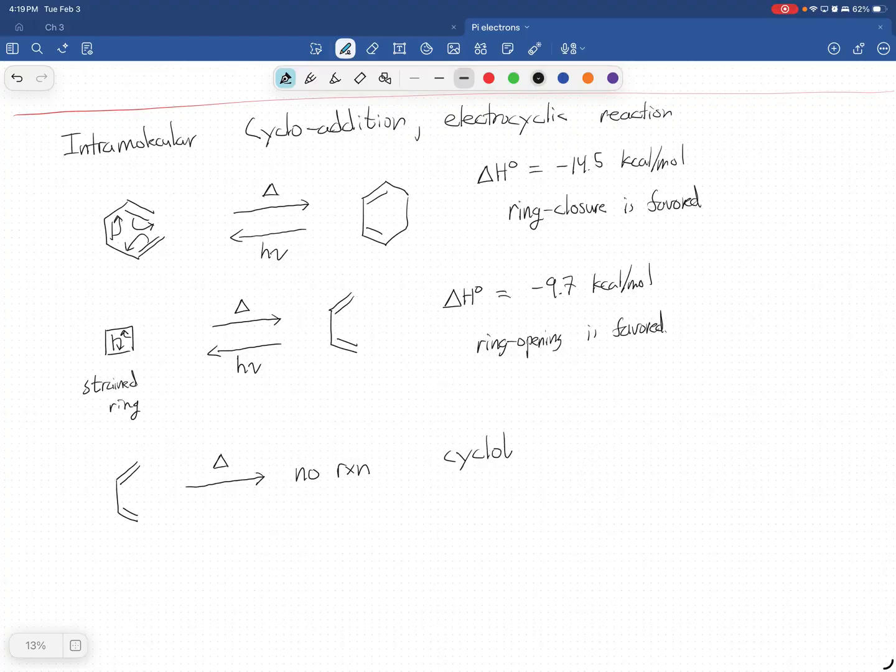Here, cyclobutene is unstable. What heat does, heat controls the reaction by forming the most stable product. So that is controlled by thermodynamics.